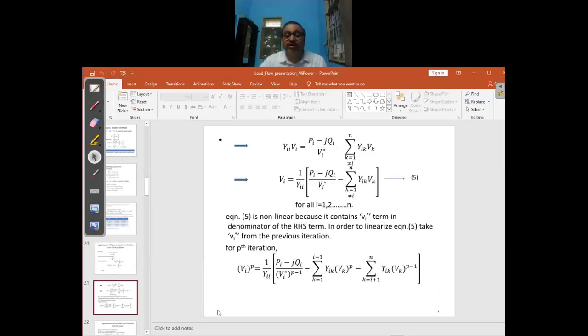So that is what I have expressed here now, that this is the right equation which I have corrected from previously. This is my correct equation. So Vi is equal to 1 upon Yii times (Pi minus jQi divided by Vi conjugate, minus sigma Yik Vk, k equal to 1 to n, but k is not equal to i, because we already took that as a separate entity).